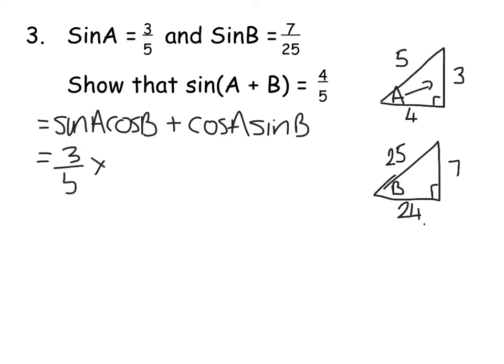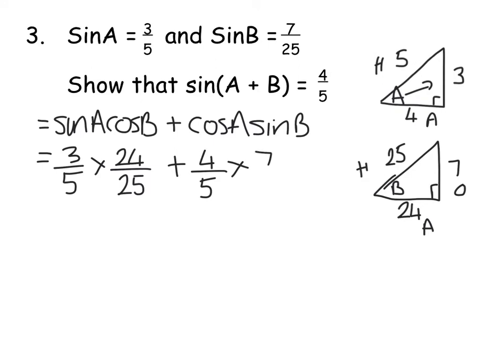Cos of B would be your adjacent over hypotenuse, which is 24 over 25. Plus cos A would be adjacent over hypotenuse, which is 4/5, times sine B, opposite over hypotenuse, so 7 over 25. So this really tests your SOHCAHTOA knowledge.